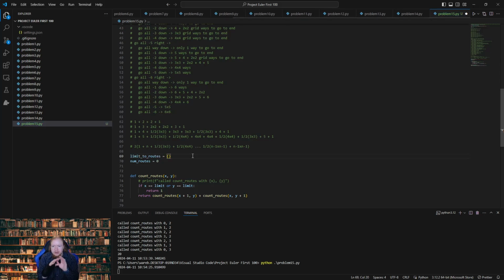I'm going to initialize this with the 2x2 and the 3x3. So for 2 it's 6, and for 3 it's 20.